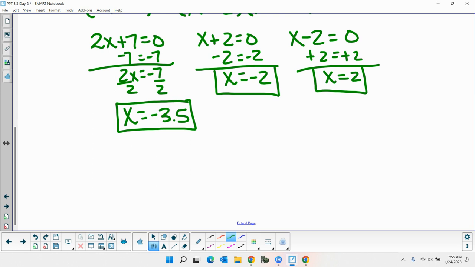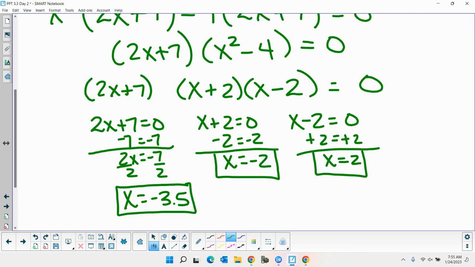And negative 3 works twice. That had x squared minus 4, so we had to break it down into x plus 2 and x minus 2. And then for 6, we had to break down x squared minus 9 into x plus 3 and x minus 3. But there were 2 x squared minus 9s.